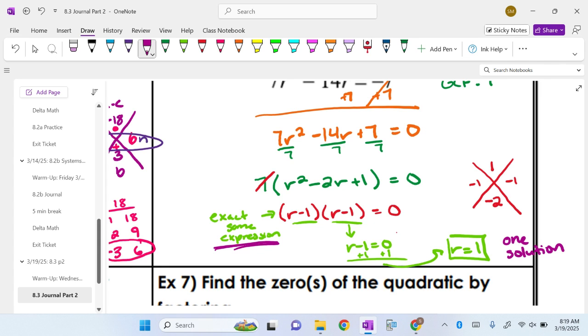And if you did set both of them equal to 0, you would still have gotten r equals 1 for both of them. But the way sets work is that you don't need to restate the same number twice. So in reality, r is just equal to 1. So it would only cross the x-axis once.